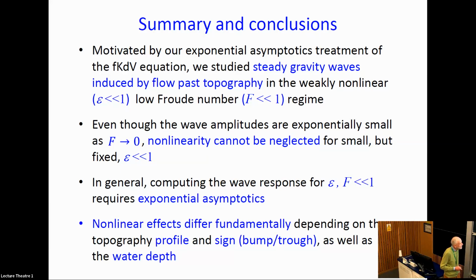The results are quite stunning in terms of nonlinearity, because the nonlinear effects differ fundamentally depending on the topography profile, that is, that parameter alpha, for example, and whether the topography is a bump or a trough, and the water depth also comes in, and the response can have very interesting departures from linear theory.